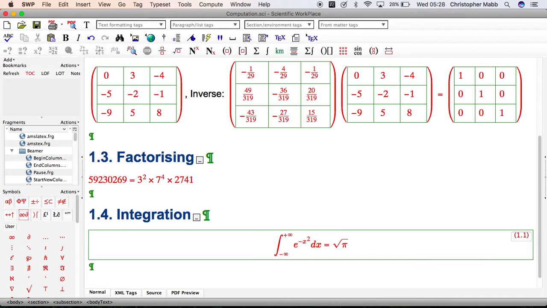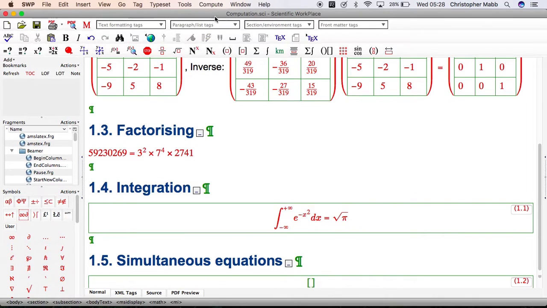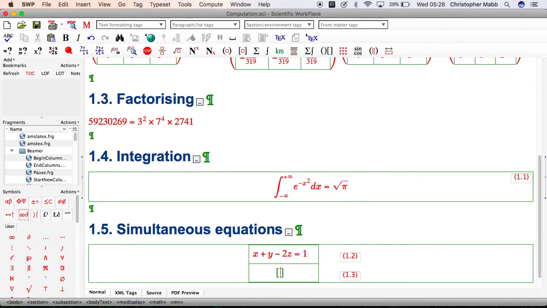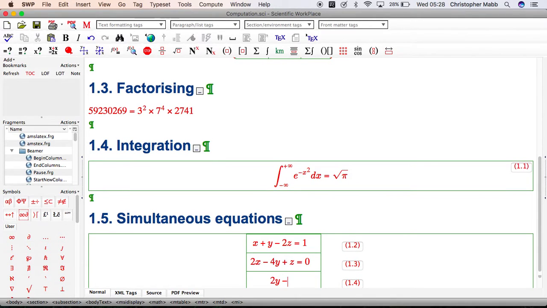What about some simultaneous equations? Let's bring in another display, and we'll type x plus y minus 2z equals 1, 2x minus 4y plus z equals 0, and 2y minus 3z equals minus 1.